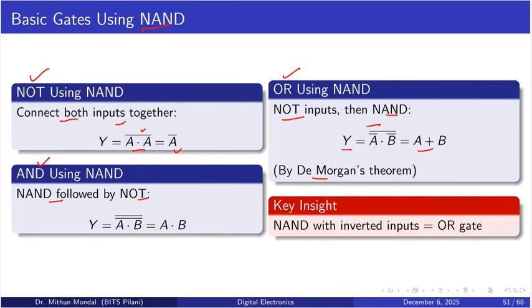For the AND gate, NAND followed by NOT gives A dot B with a double bar, and we get the same form A dot B. And the key insight is that NAND with inverted inputs gives you the OR gate.